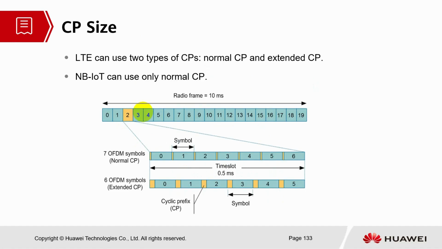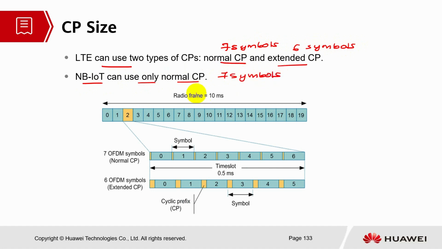For the CP size, the cyclic prefix size, LTE can use 2 types: normal CP, which is 7 symbols, and extended CP, which is 6 symbols. NB-IoT can use only normal CP, which is 7 symbols.